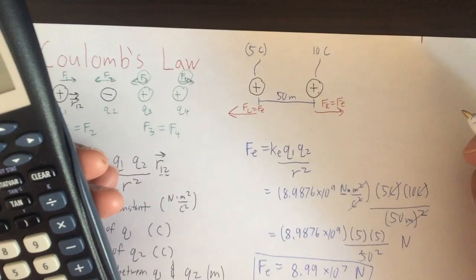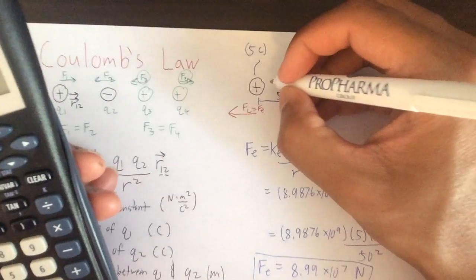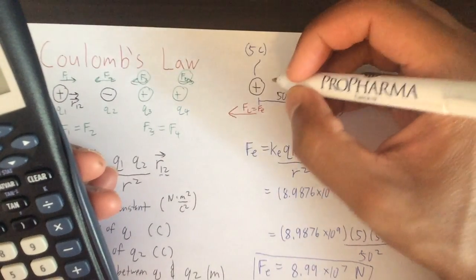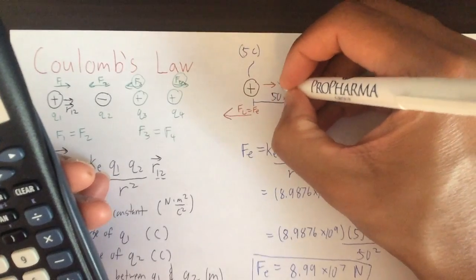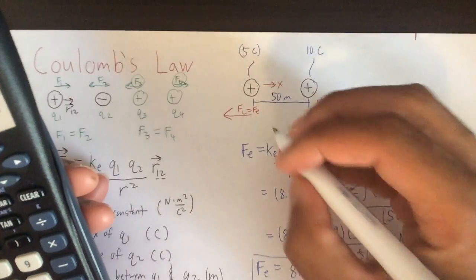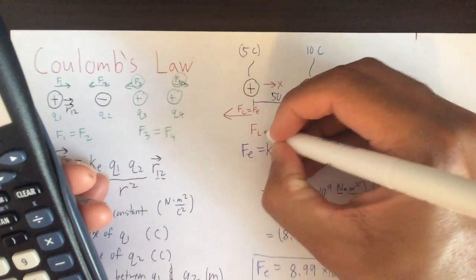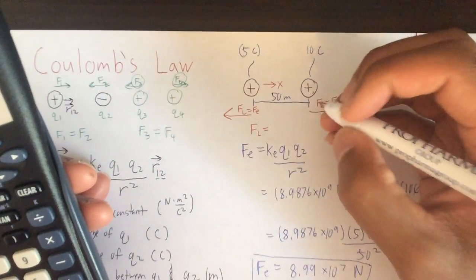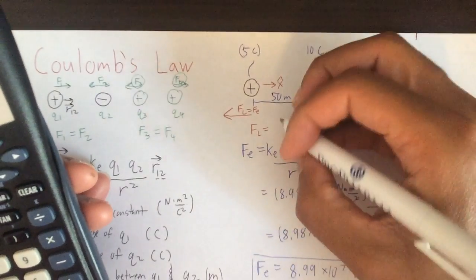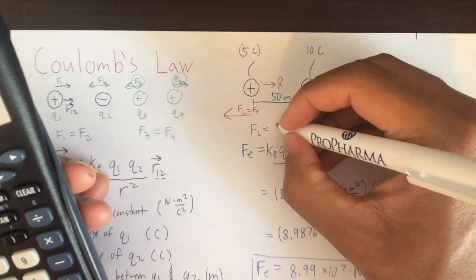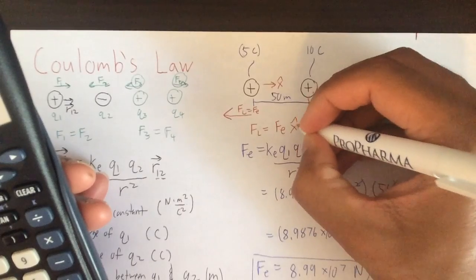And if we define an x and y coordinate, if we define the positive x direction as this direction, we can see that F left is equal to, and let's just say this is the unit vector x, F e times the unit vector x.